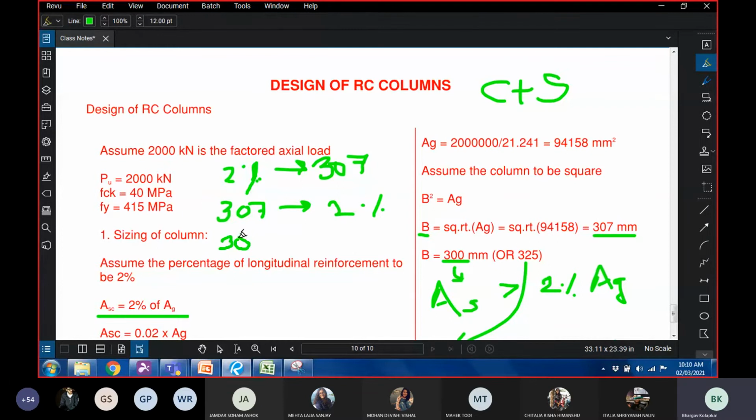If I make it 300, which means that I'm reducing the contribution of concrete, meaning that the contribution from steel has to go up. So this would be slightly greater than 2%. If I approximate it as 325, meaning that now I have increased the contribution of concrete, meaning that the contribution of steel that would be required would be slightly less than 2%.